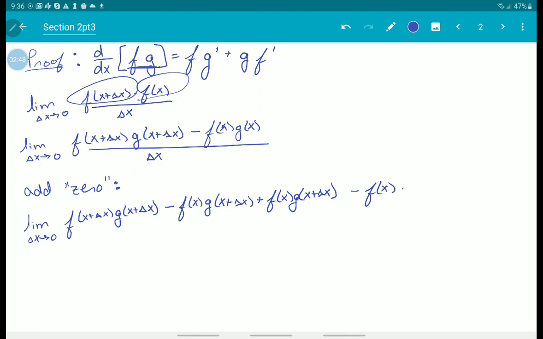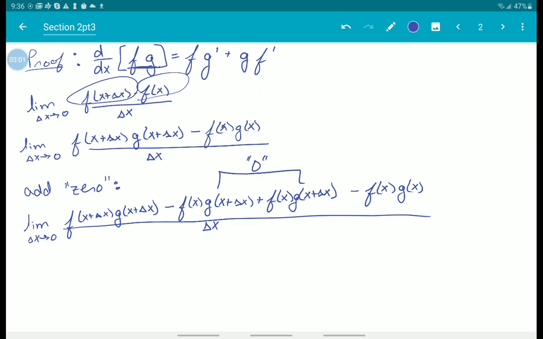And I still have the minus f of x, g of x hanging out, and everything's still divided by delta x. Okay, so what I've really done is I've added 0 here, which isn't changing the problem. And the reason I needed to do that is, remember, I need to rewrite everything in terms of derivative notation. So I need to get it somehow into this kind of form.